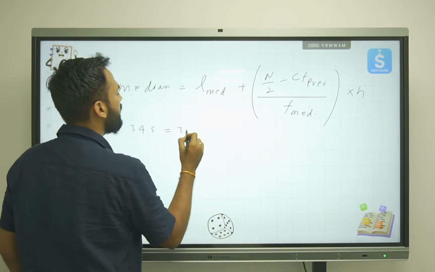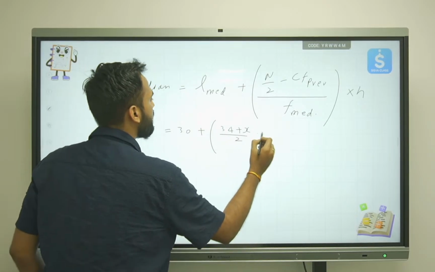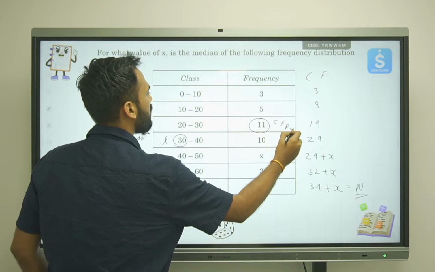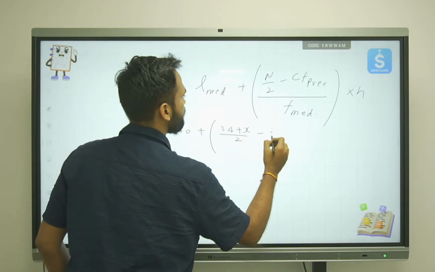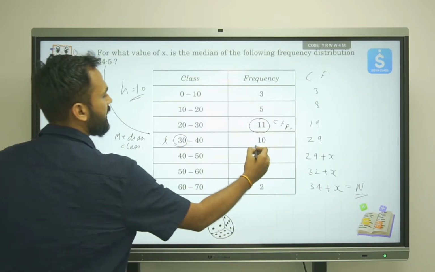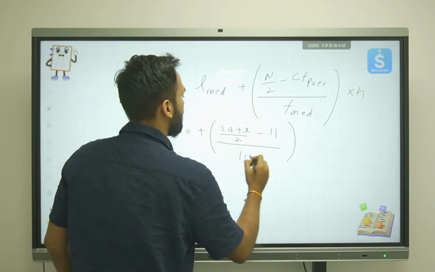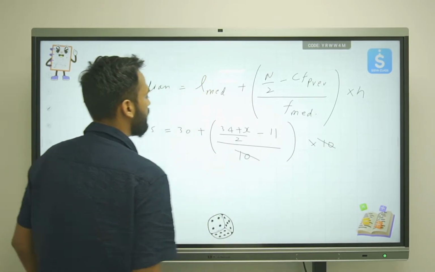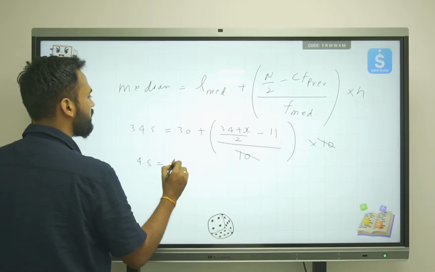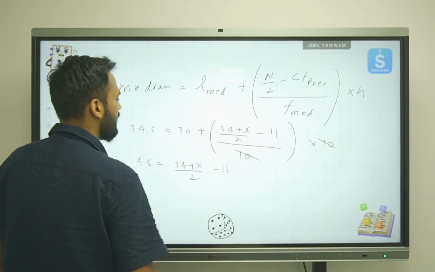This is 30 plus (34 plus x by 2 minus cumulative frequency of the previous class, 11) upon frequency of the median class 10, multiplied by 10. Clear? Multiplied by 10. So this h is 10, 10 gets cancelled. 34.5 minus 30, this will come out to be 4.5 is equal to 34 plus x by 2 minus 11.